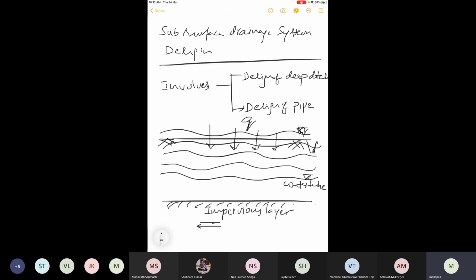But from the root zone, suppose your root zone is somewhere here, in order to remove it you have to use a deep ditch, or you can use tiles, which are underground pipelines. So either you design a deep ditch, or you design a pipe. Since this is inside the surface, we call it the subsurface design.